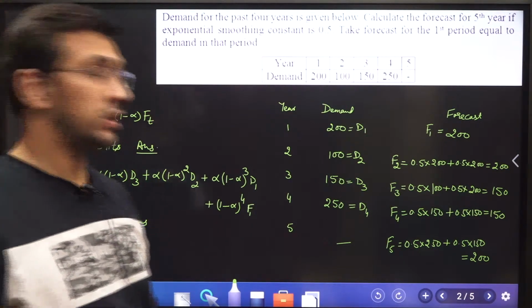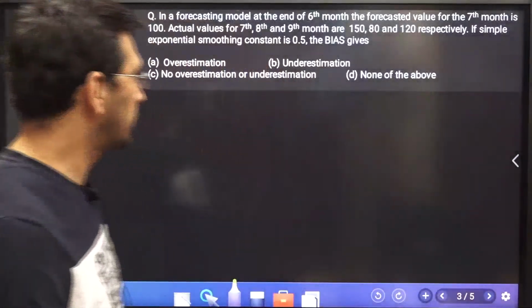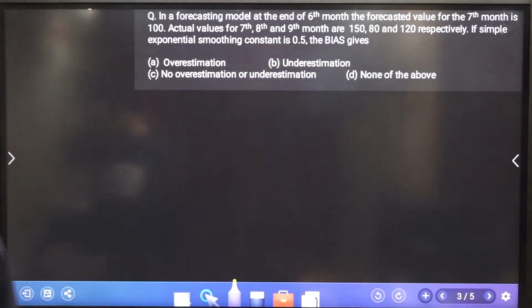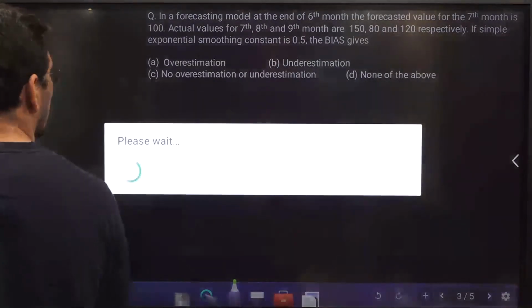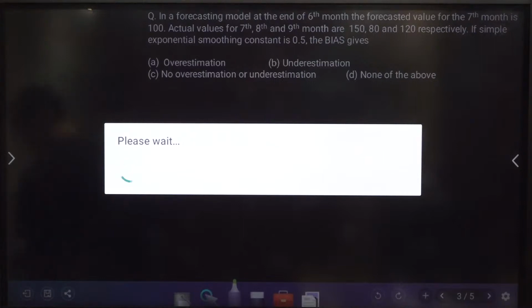Okay, so let us now move ahead to the next question. Just go through it. I think this must be visible. Yes, it is clearly visible. Go ahead and try to solve it.